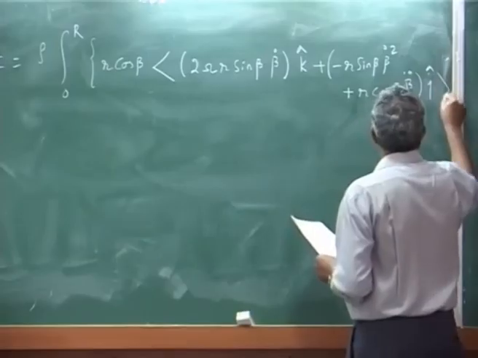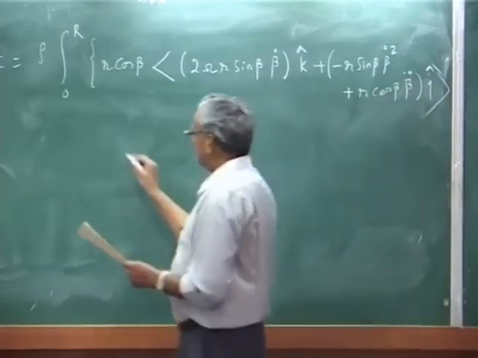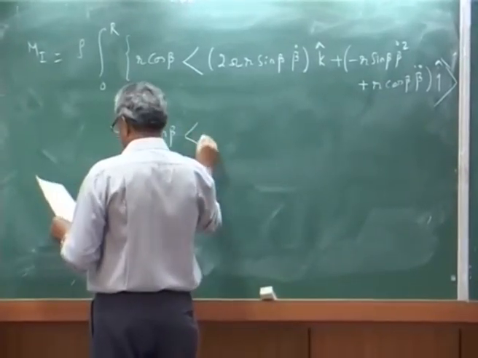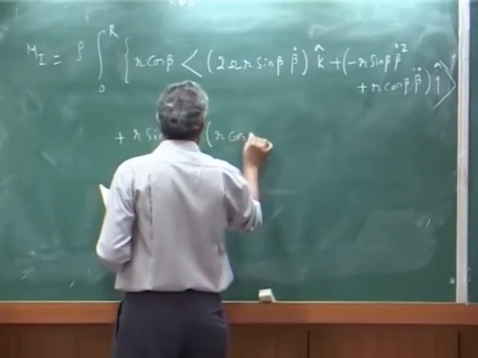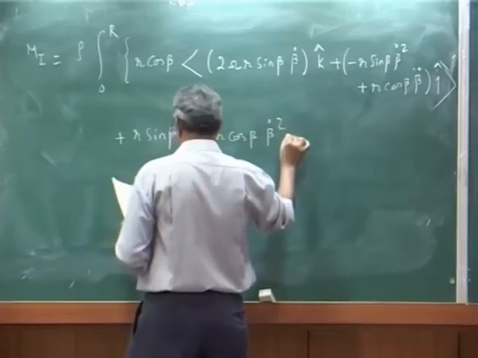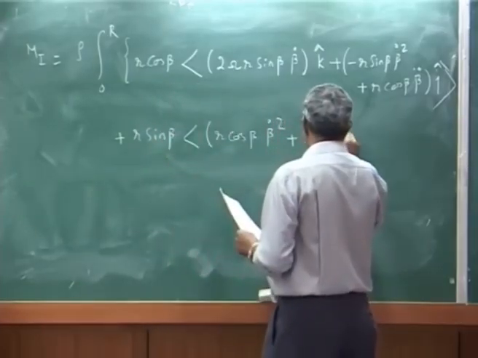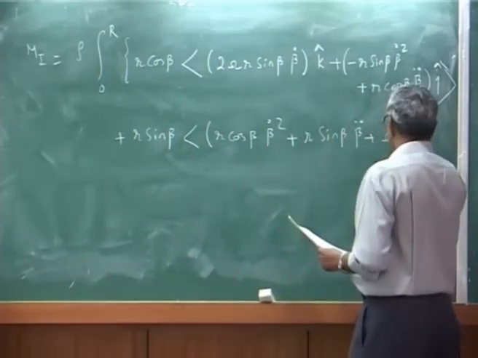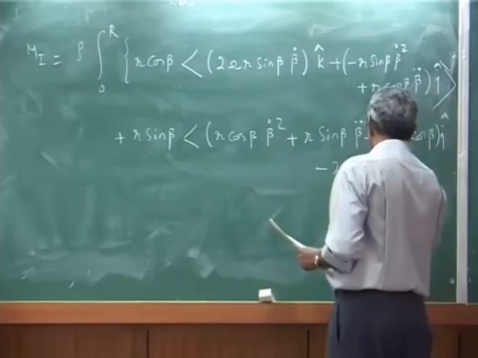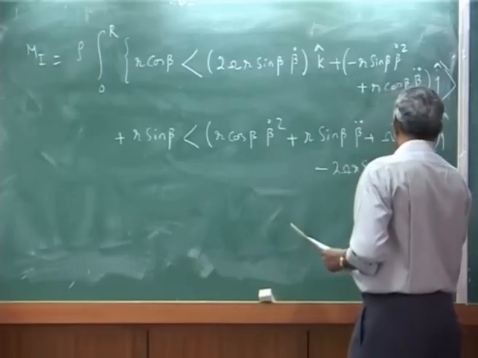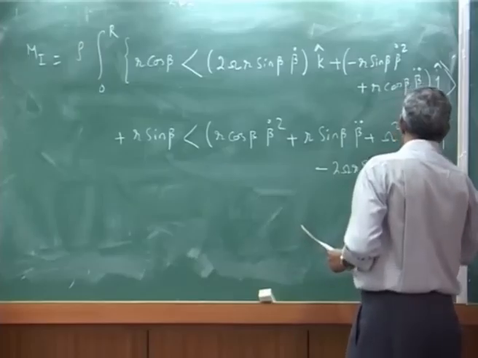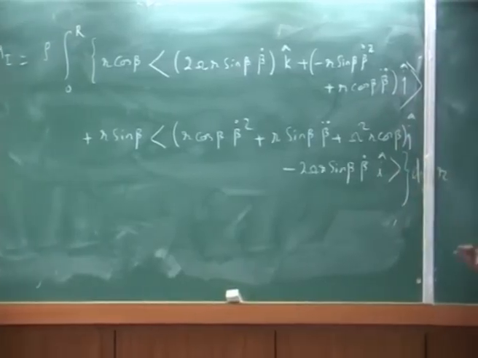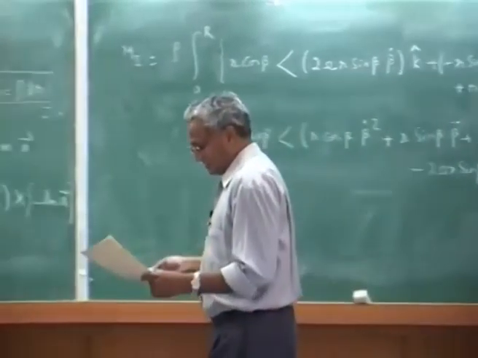Please check this algebra. Plus r sine beta, r sine beta double dot plus omega square r beta dot i, dr. This is the full expression. You have all i, j, k components.